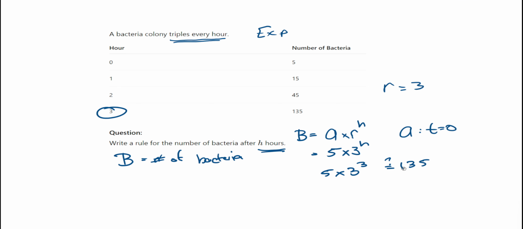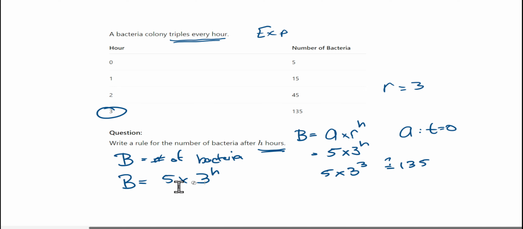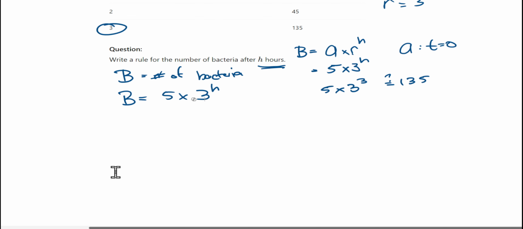Yep, it does work. So our final rule is that the number of bacteria is going to be equal to 5 times 3 to the power of the number of hours. By the way, don't multiply those to make it look like it's 15 to the power of h. Leave that 3 there.